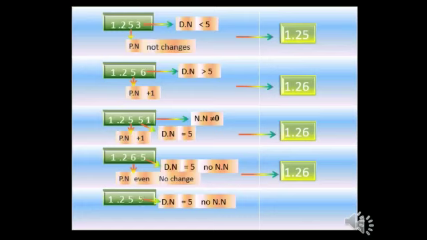If this dropping number is 5, check whether next number is existing or not. If next number is not existing, check preceding number. If preceding number is odd, then preceding number increases by 1. So, the given number in three significant figures is 1.26.